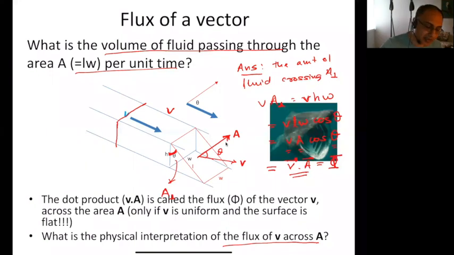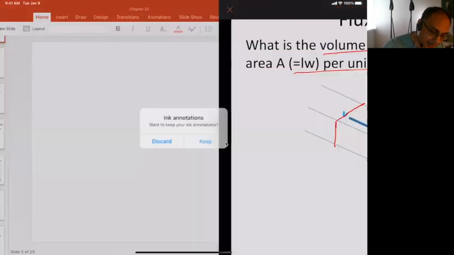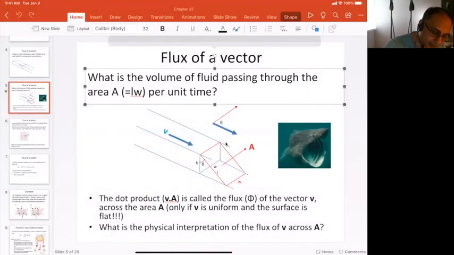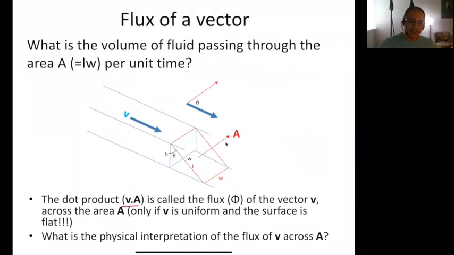So, let's get rid of this clutter here. The dot product V dot A is called the flux, and the symbol for flux is this capital phi. It's written like this. The lowercase phi is written like that.